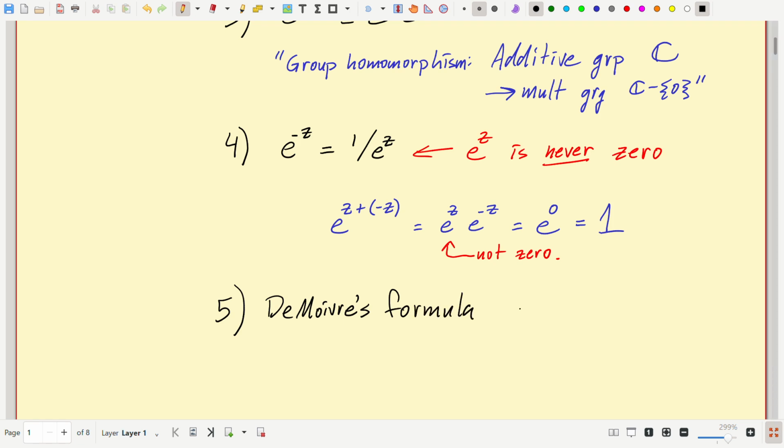That is that e to the i theta to the nth power is e to the i n theta. And that happens to be true for all integers n. Right now I'll check it for positive n, but it works for even negative integers.